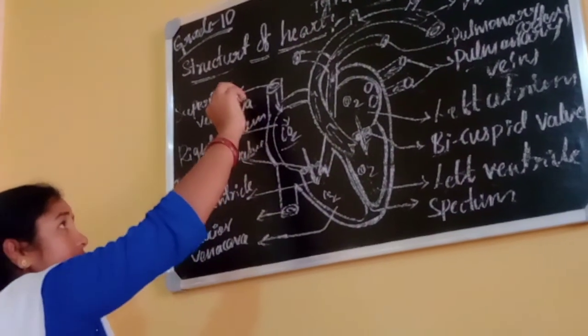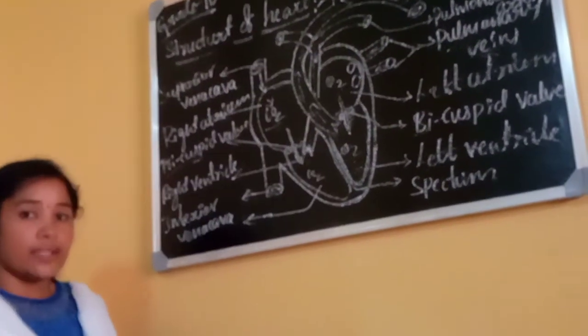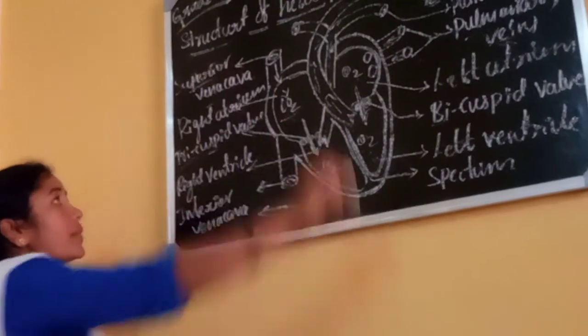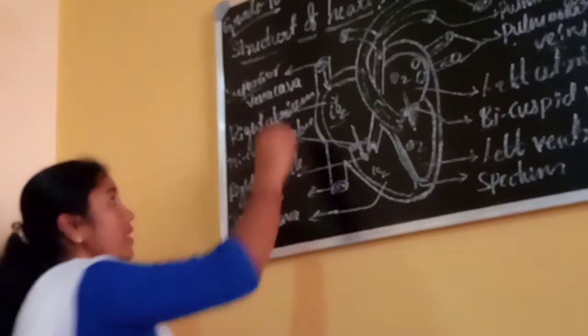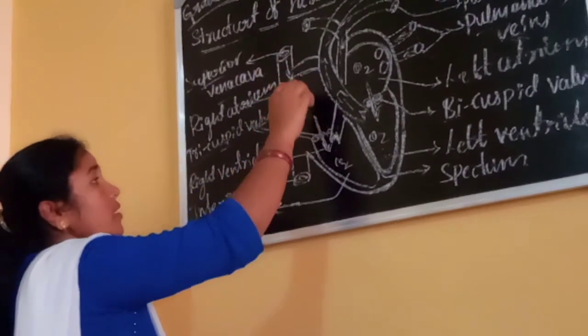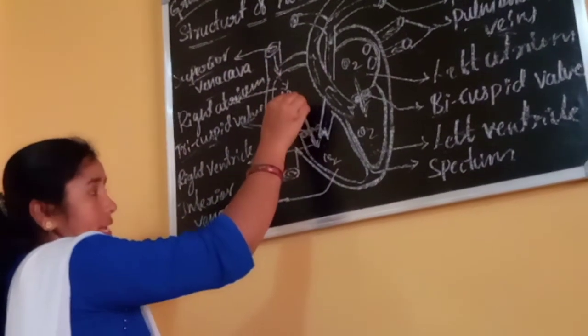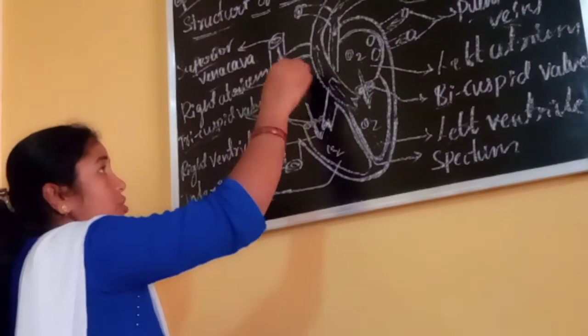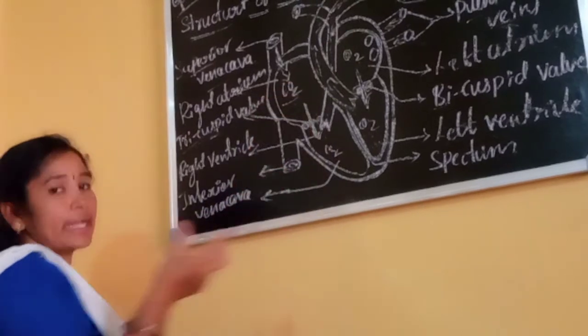After that, deoxygenated blood comes from the organs to the heart through the superior vena cava to the right atrium. When deoxygenated blood enters the right atrium, it relaxes.